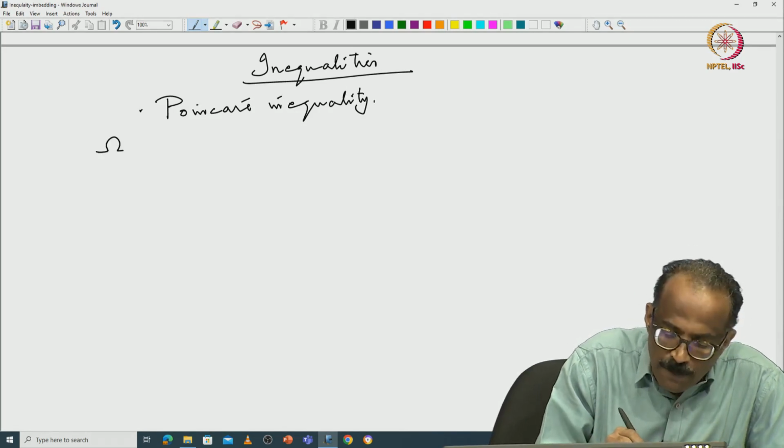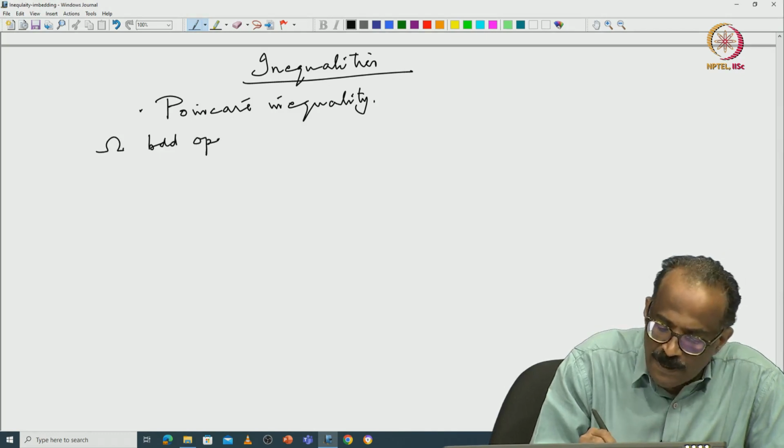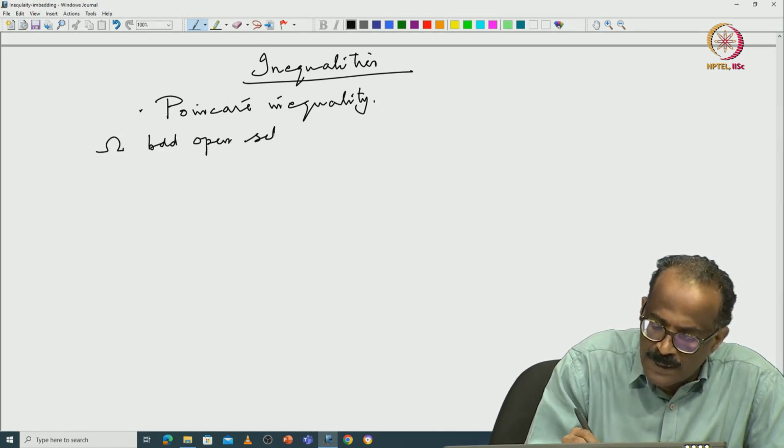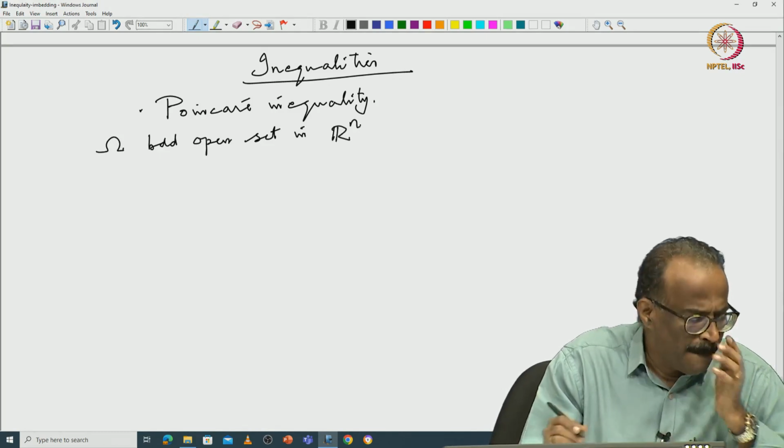Let omega be a bounded open set in Rn. The proof is quite easy here.